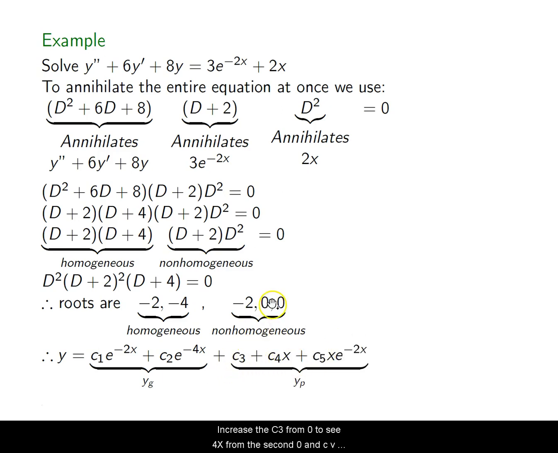So I have a C3 from 0, a C4 x from the second 0, and C5 x e^(-2x) because I have a repeated root there. This is the general form of my non-homogeneous solution, and this is the general form for my homogeneous.